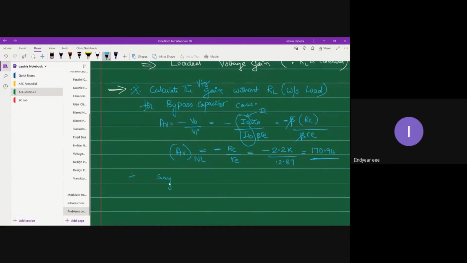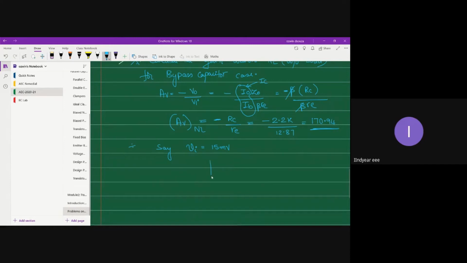So what is its effect? Say your input signal is 15 millivolt. If you consider an amplifier with a loaded gain, this is the loaded case. For the loaded case in analog electronics, normally we take the voltage gain as a simple A. So let's feed an input equal to 15 millivolts.